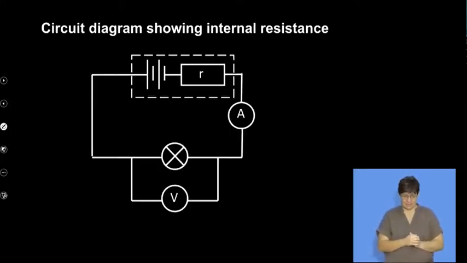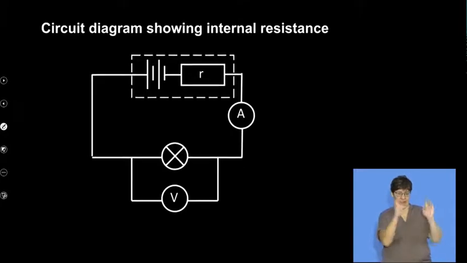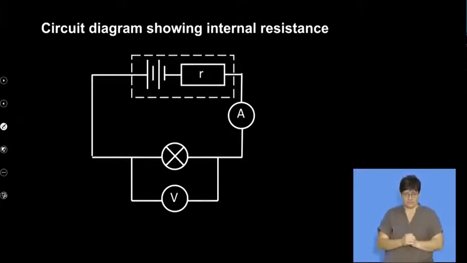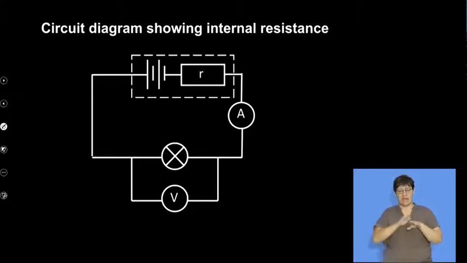Now here's a circuit diagram showing the internal resistance of a battery. In a simple circuit, this is a closed or complete circuit. It means there is current in this circuit, provided the battery provides energy, or does work per coulomb of charge. Of particular interest to us is that resistance.